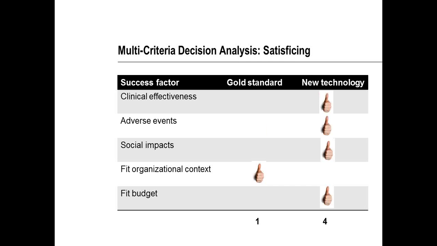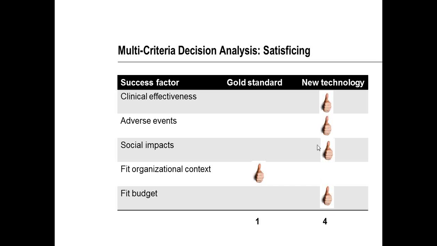In this context, you have again a new technology, but this technology is really promising. It appears to be better on its clinical effectiveness than the golden standard that's being used now. There are fewer adverse events, the social impacts are great, the patients like it, and it's possible for the hospital to acquire this technology.